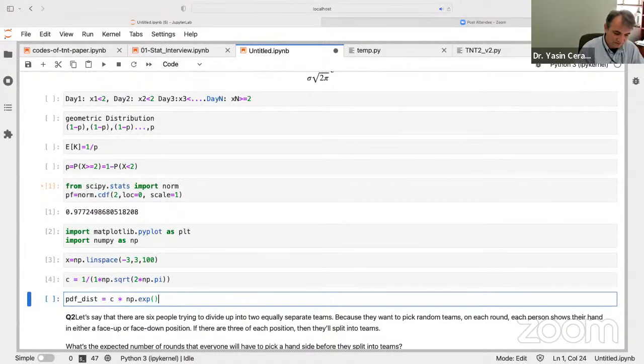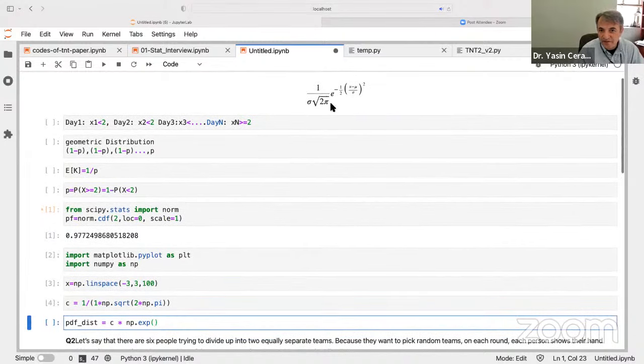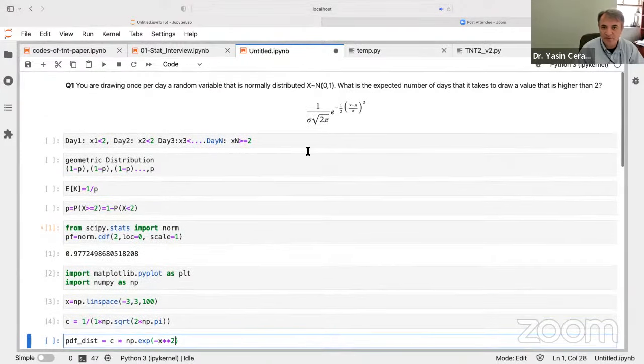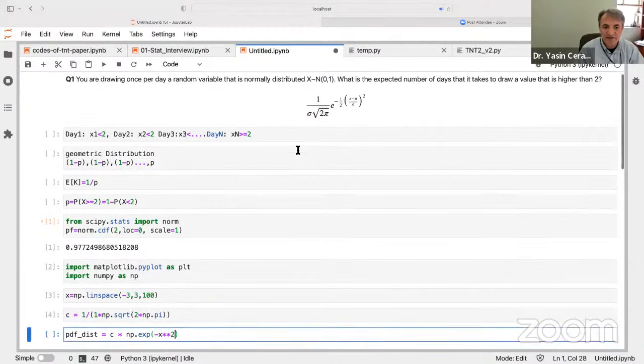There is a negative sign here, so negative x squared, and then divide this by 2.